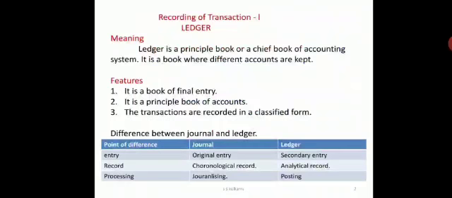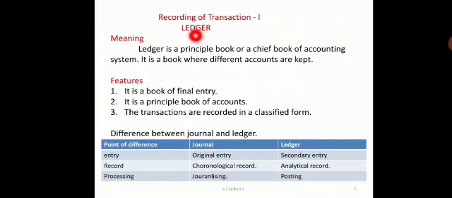Now, ledger is a chief book or a principal book, because whatever we record in the journal, all these transactions are next recorded in this particular book called ledger. We all know we have different assets, liabilities, expenses, incomes.